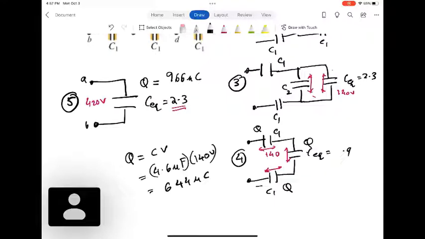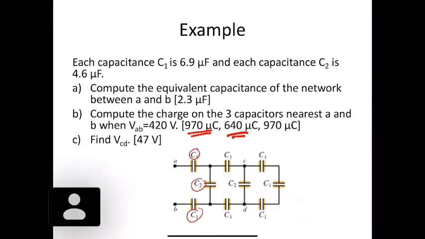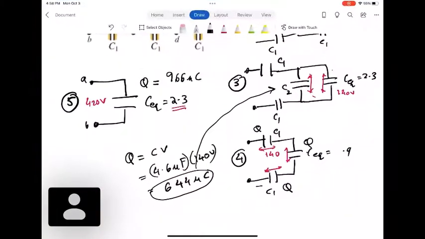So that is the charge across this C2. That's 644 microcoulombs. Yeah, I got that correct too. Okay. All right. So we have the charge across C2, and we have the potential difference across C2 as well. That's 140 volts we figured out earlier.